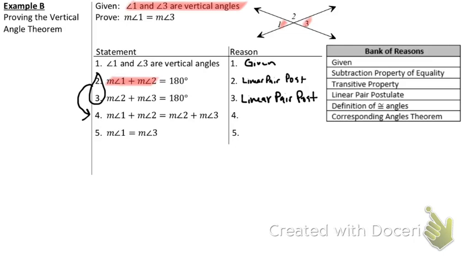And we also have angle 2 and angle 3 equal to 180. Since they both equal the same thing, I can actually put them equal to each other. So I put them equal to each other because they're both equal to 180. Okay?